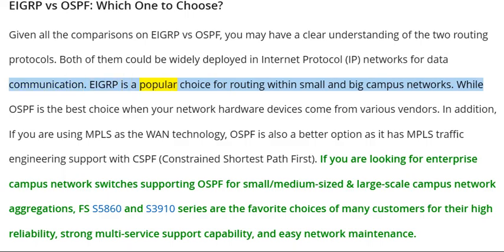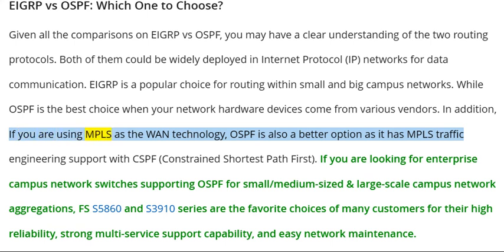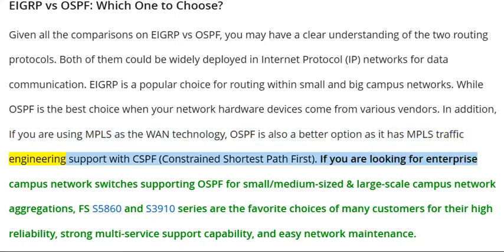EIGRP is a popular choice for routing within small and big campus networks, while OSPF is the best choice when your network hardware devices come from various vendors. In addition, if you are using MPLS as the WAN technology, OSPF is also a better option as it has MPLS traffic engineering support with CSPF, constrained shortest path first.